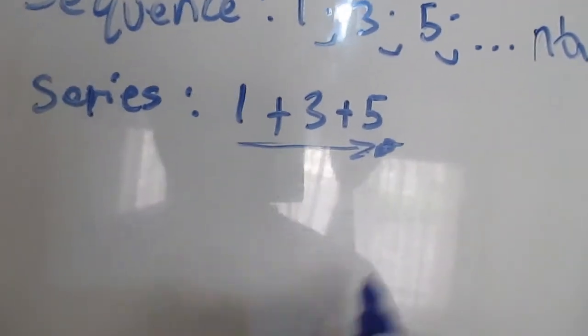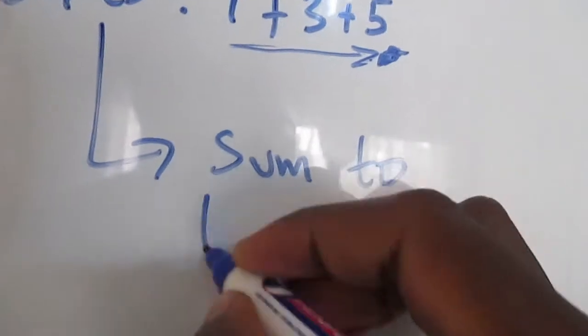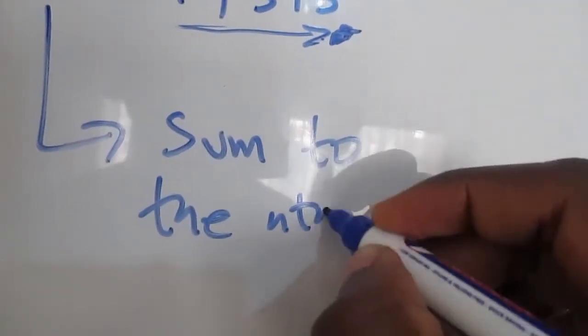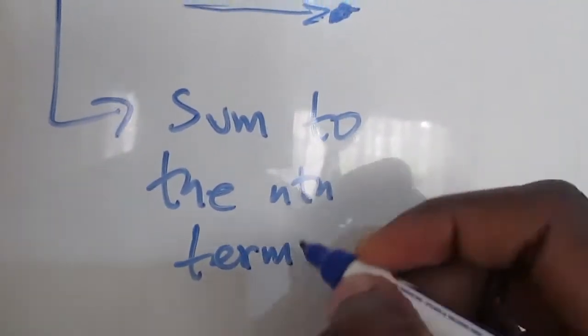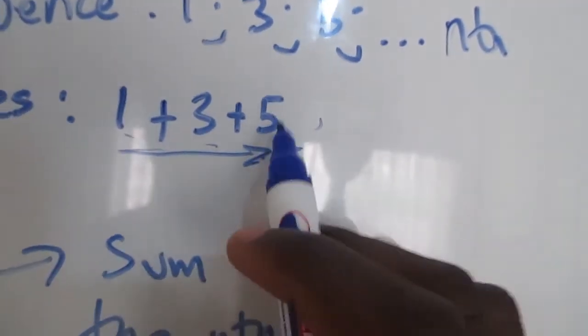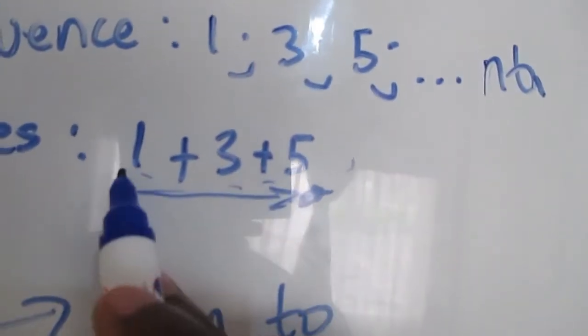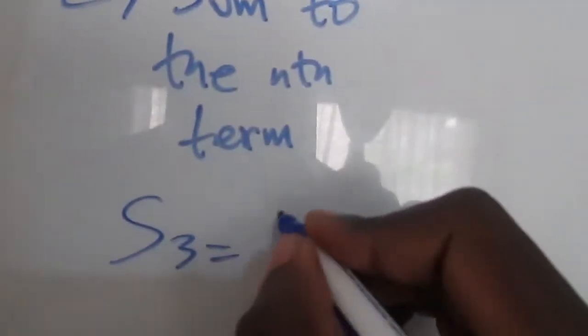In a series, we are interested in the sum to the nth term. So you're going to add these up. 4 added to 5 is 9. So the sum to the third term of this series is 9.